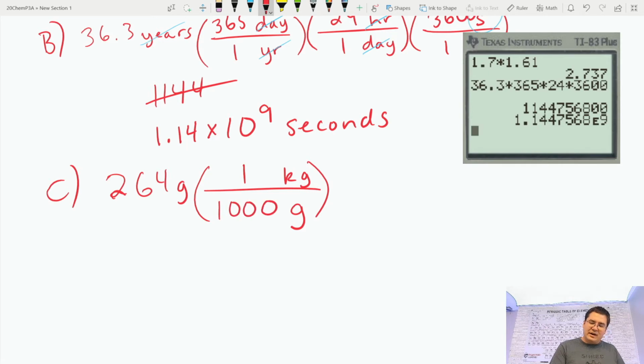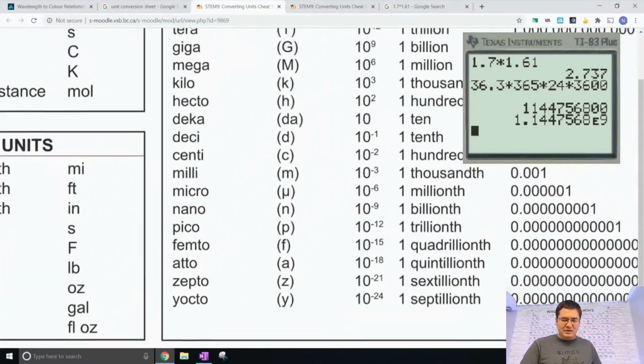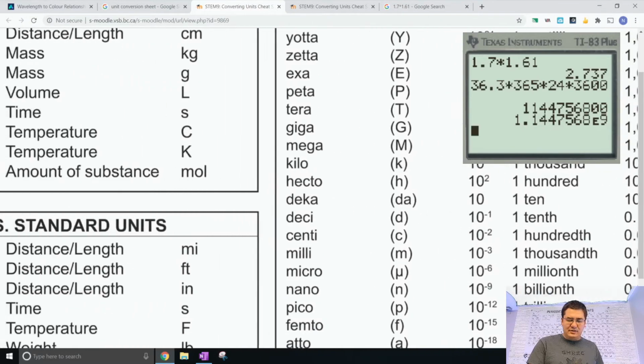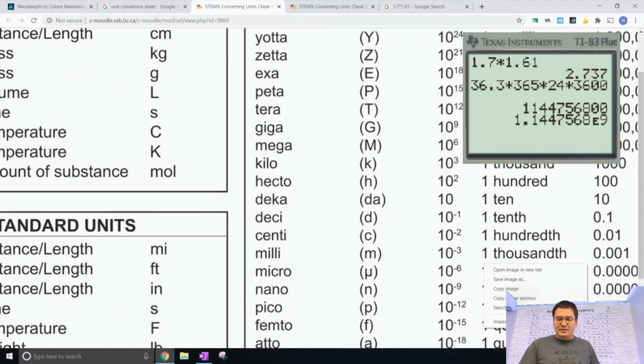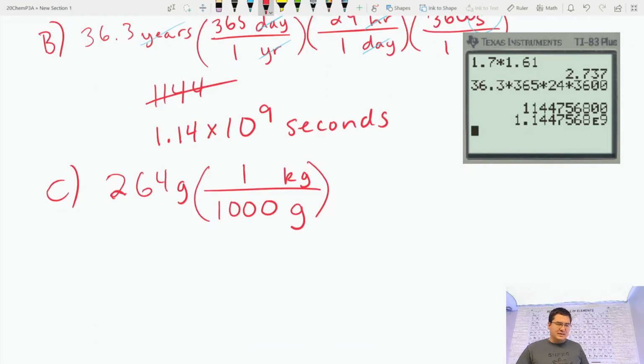I know 1 kilogram is equivalent to 1,000 grams. If you don't remember this, you go look at your sheet and you find kilo. A kilo means 1,000. So a kilogram is 1,000 grams. You can see I have 1,000 grams is equivalent to 1 kilogram.